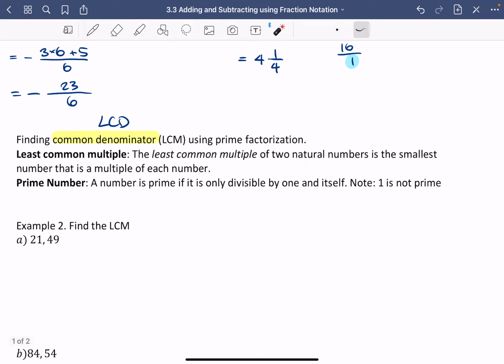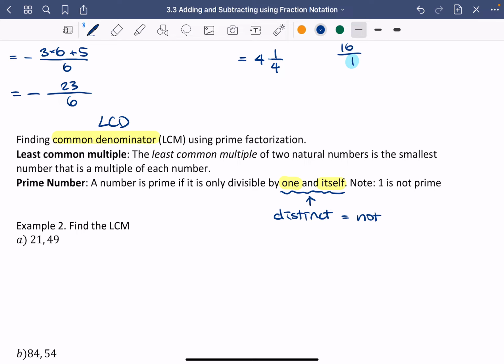The next definition is prime numbers. A prime number is a number that's only divisible by 1 and itself. And these two numbers, 1 and itself, are two distinct numbers, which means that they are not the same.